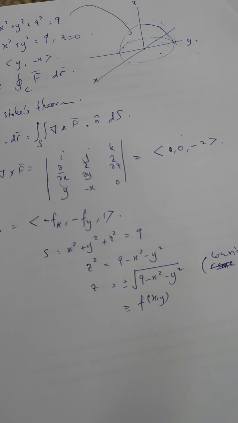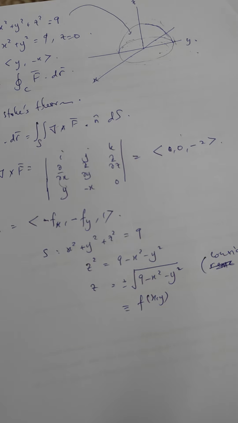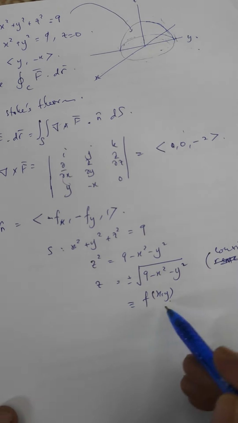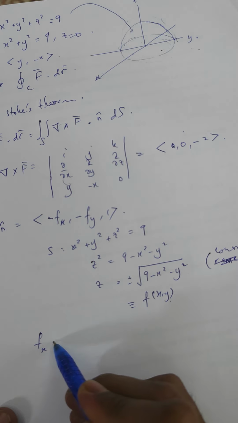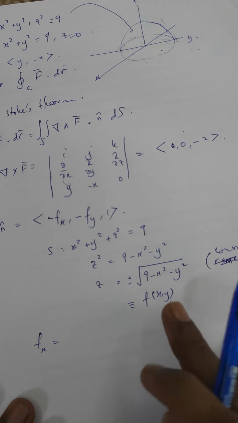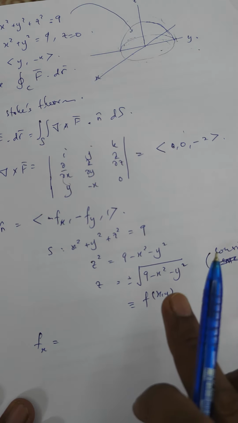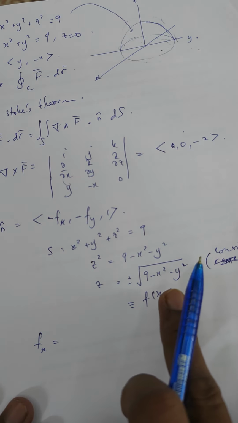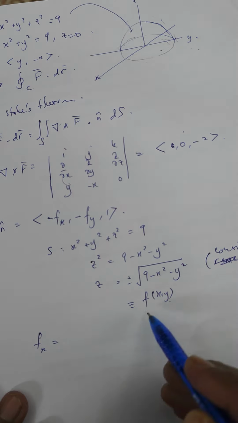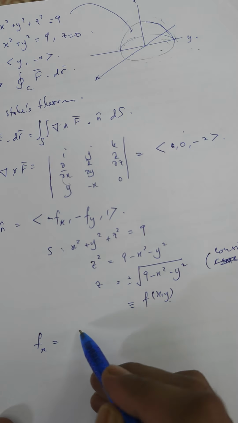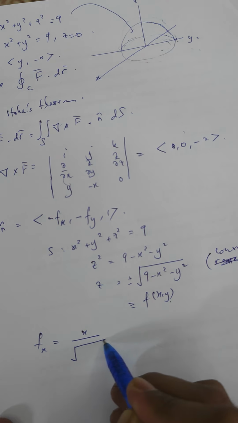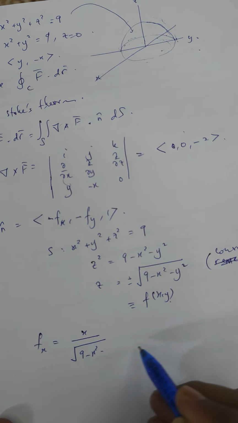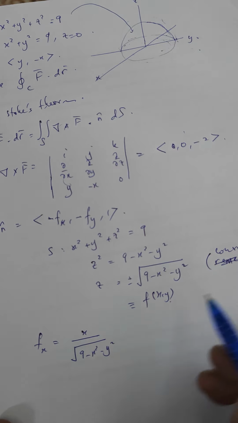Then you can evaluate what is fx. From there you can find fx. Fx is negative x over square root of 9 minus x squared minus y squared, correct?